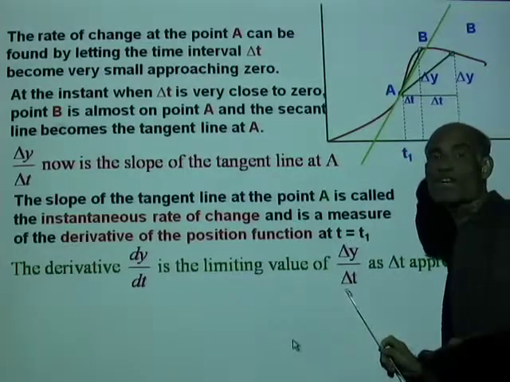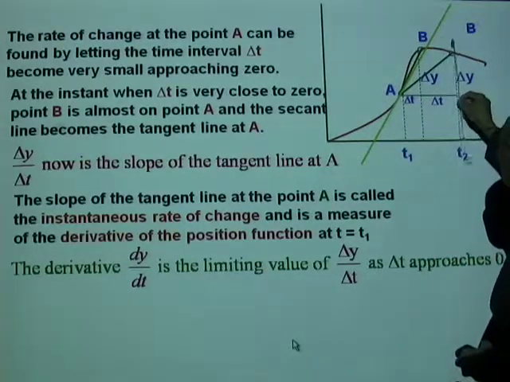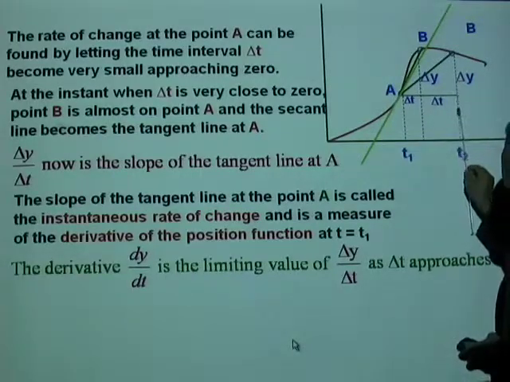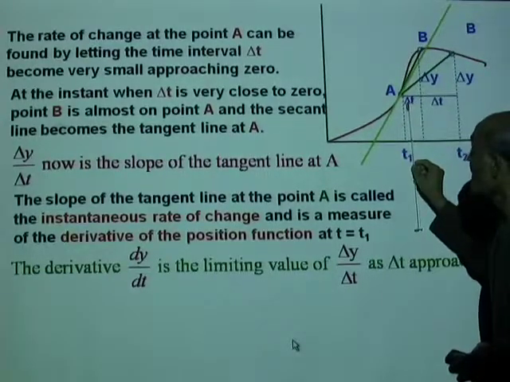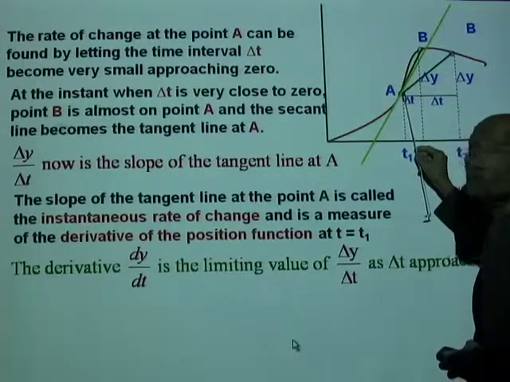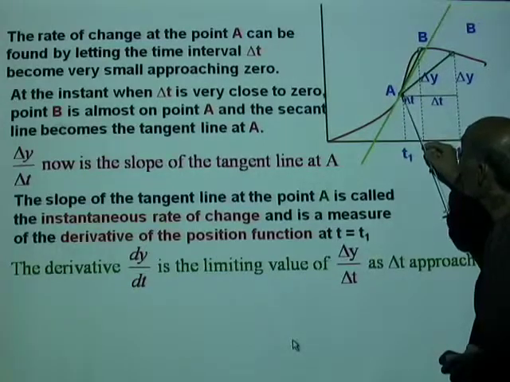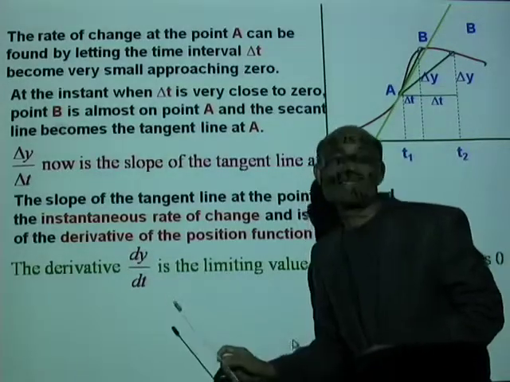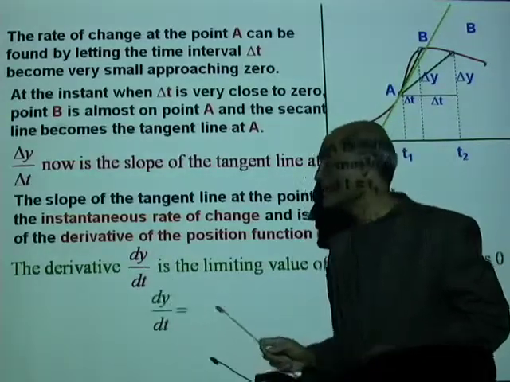What's the meaning of this again? The delta y by delta t in a big interval, we call the average rate of change in that interval. And when you make the interval shorter and shorter, when the delta t is so small that it's very close to 0, the value of delta y by delta t at that time is called dy by dt, the instantaneous rate of change of y with respect to t.